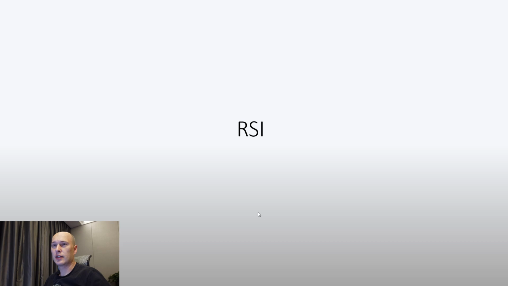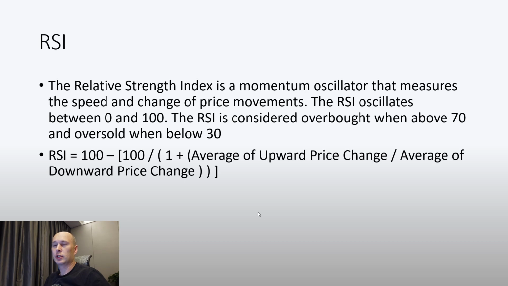This is an indicator which probably the majority of traders use, so no big rocket science. It's the relative strength index. It's a momentum oscillator, and it measures the speed of change of price movements. The RSI oscillates between 0 and 100, so basically between 30 and 70. This is the normal trading area.